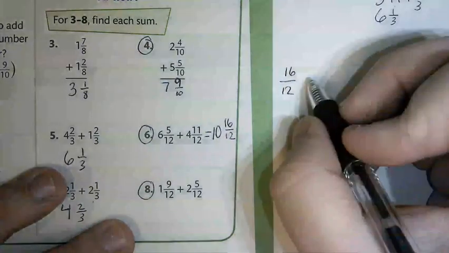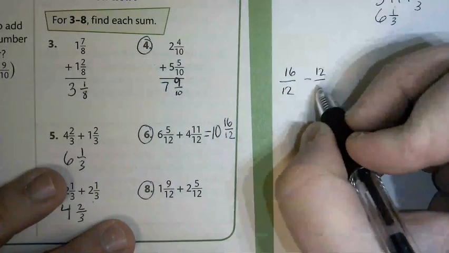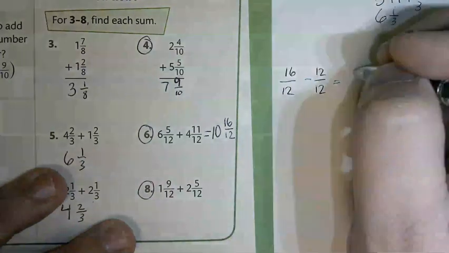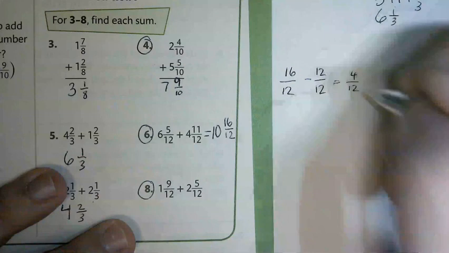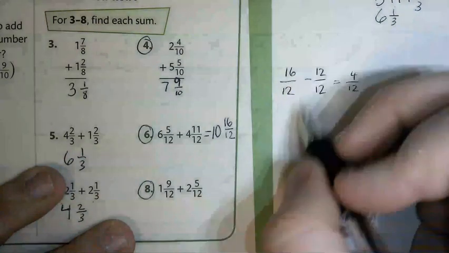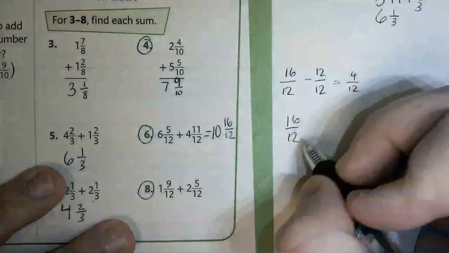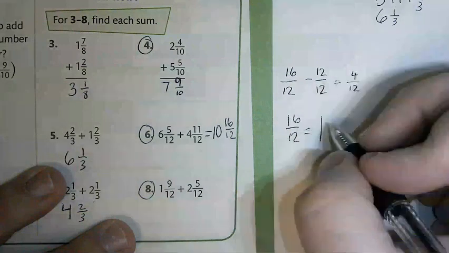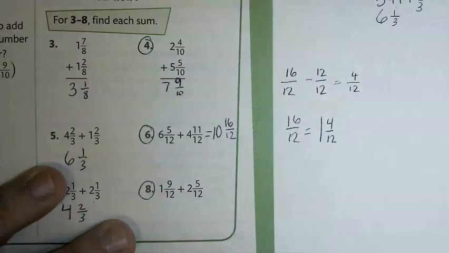And so if I were to minus 12 twelfths, because that's one whole, if I were to take that out of here, 16 minus 12 would be 4 twelfths left over, right? So this would be like me saying 16 twelfths is equal to 1 whole, because I took that out, and 4 twelfths.